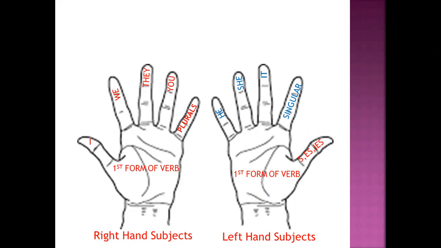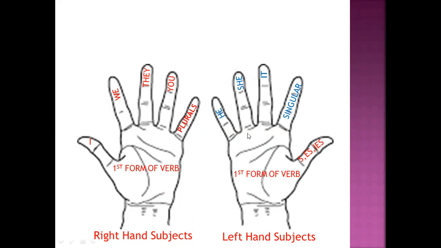If we assume that both of these hands are two different homes, then we can see that the 5 doors of home 1, the right-hand subjects' home, are guarded by I, we, they, you, and plurals.